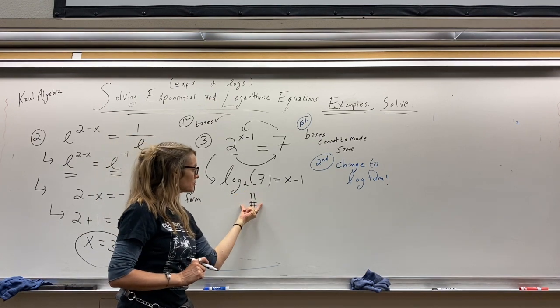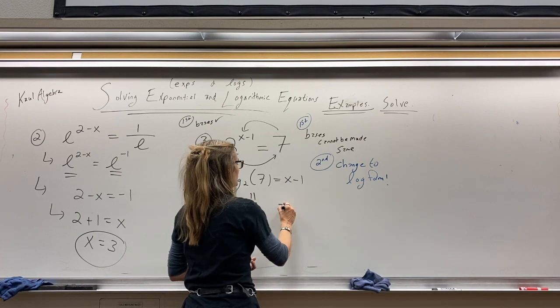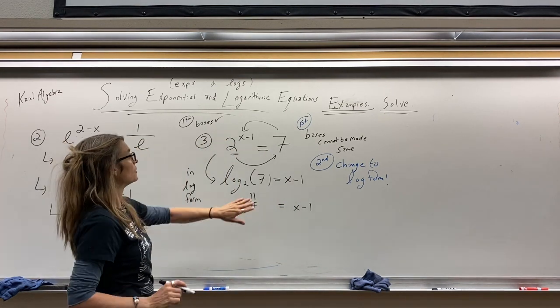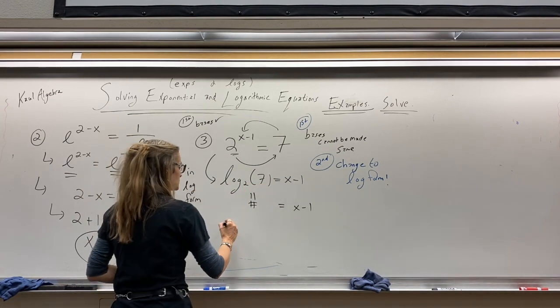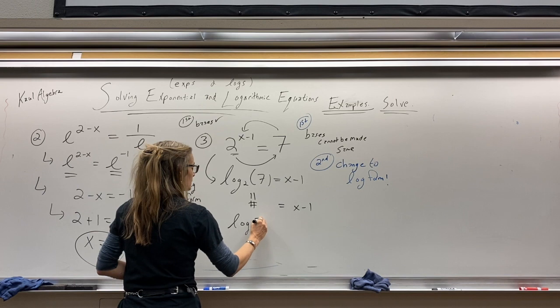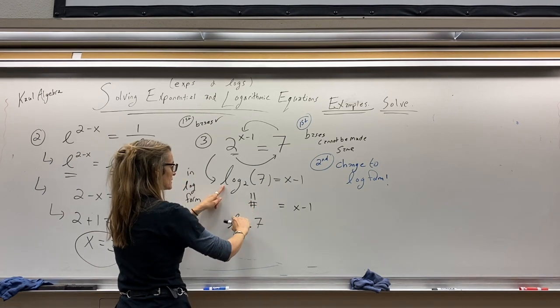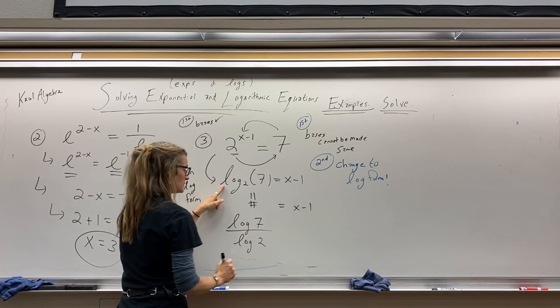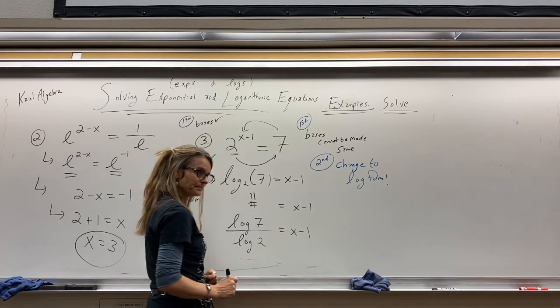I'm going to compute this in my calculator. My number is going to equal x minus 1 here. What is that number going to equal? Well, first I have to look at how I convert this to base 10. So I use my change of base formula to say log of 7 over log of 2, both in base 10, equals x minus 1.